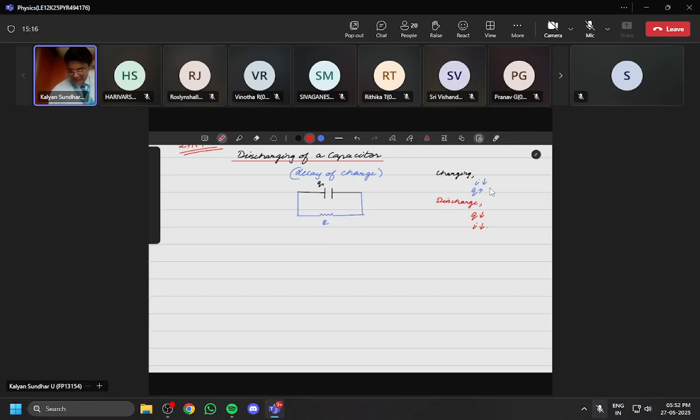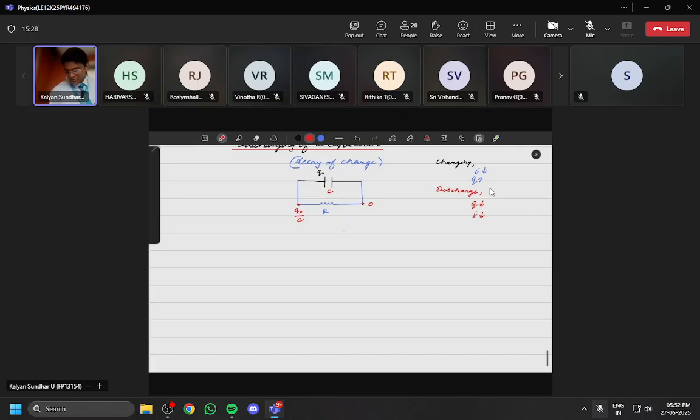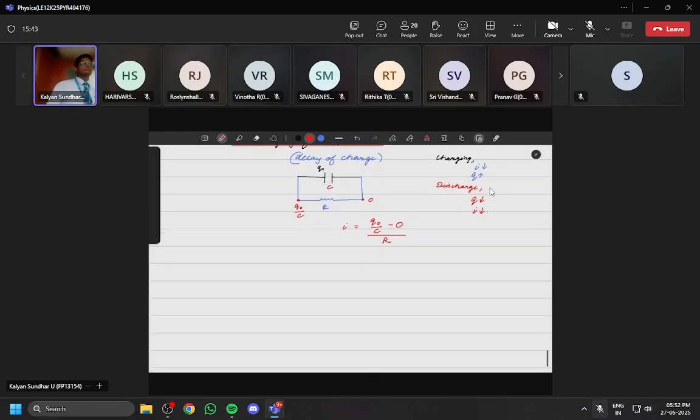Looking at the external circuit initially, this will be the point of 0 volt, and Q naught by C is the potential, when it is at maximum voltage, correct? So through this maximum potential the current is going to flow. So I will be equal to the potential difference, Q naught by C minus 0, I is equal to V by R, divided by R. Right?